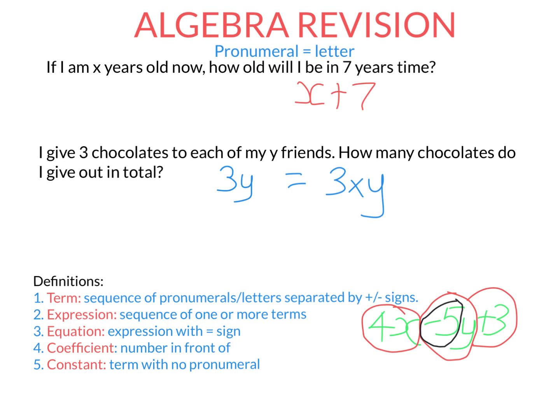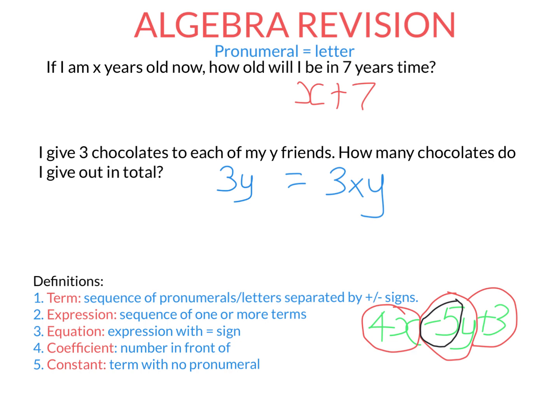3, on the other hand, is called a constant term because this term here has no pronumeral or no letter. It is a constant because the value of 3 doesn't change. A pronumeral, on the other hand, is a variable. Its value changes, and you've seen that when we do substitution. The value of x changes from question to question.